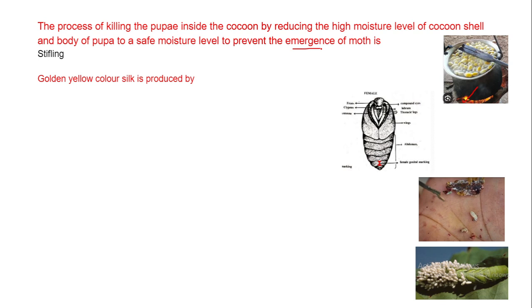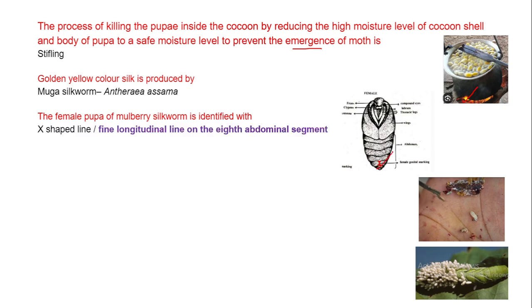Golden yellow colored silk is produced by the Muga silkworm, Antheraea assamensis. The female pupa of the mulberry silkworm is identified with an X-shaped line or fine longitudinal line on the 8th abdominal segment.